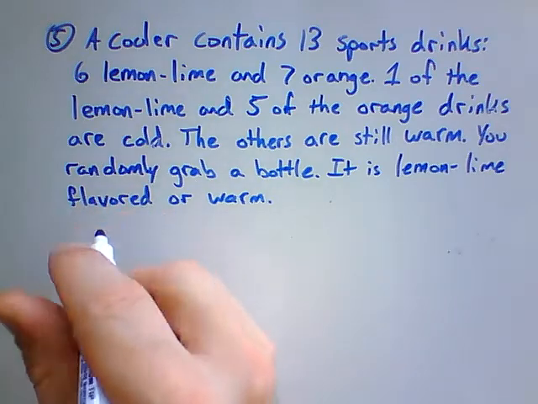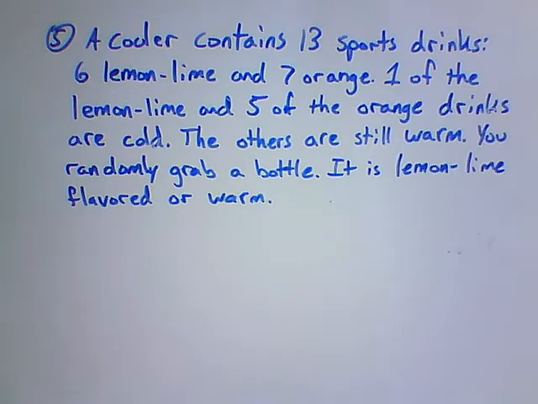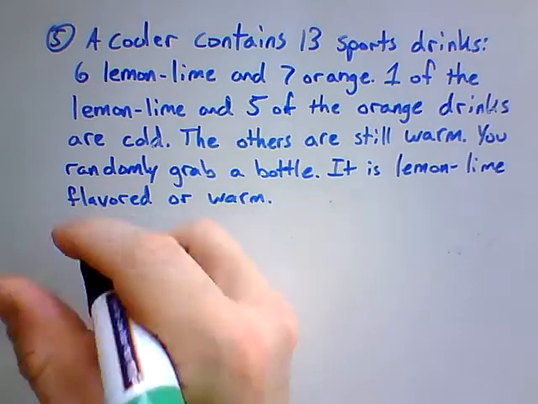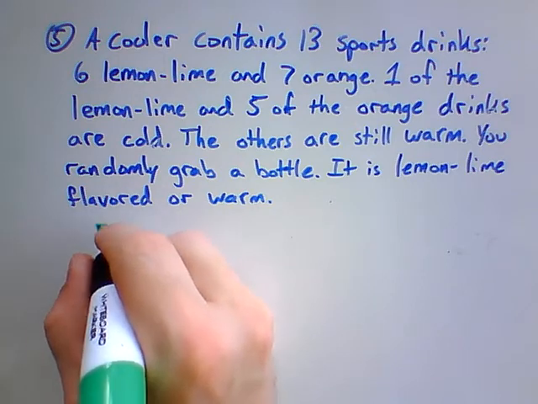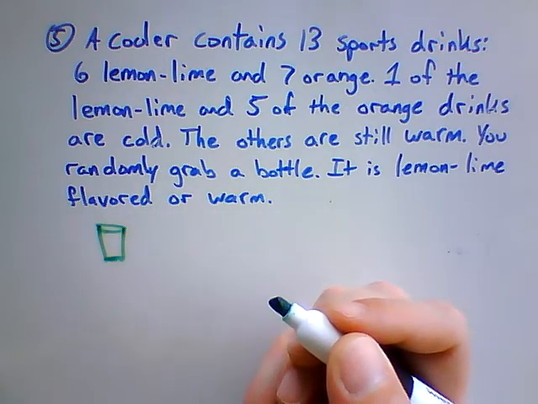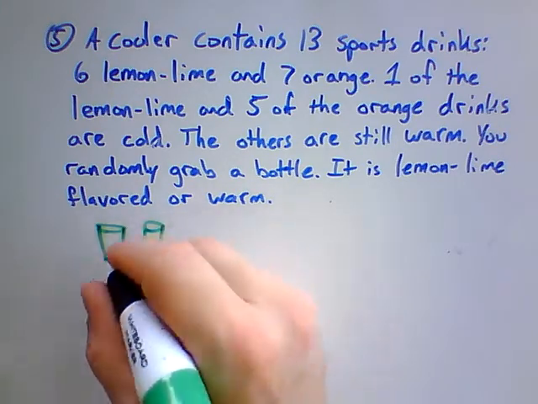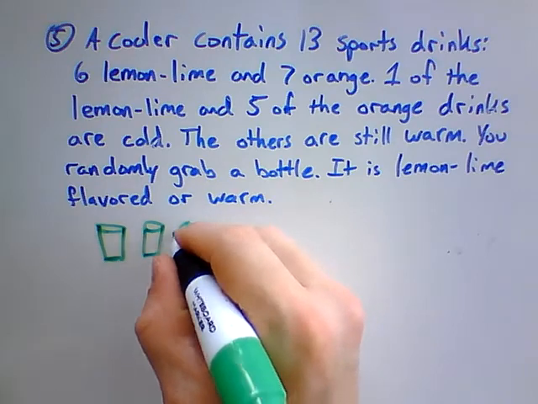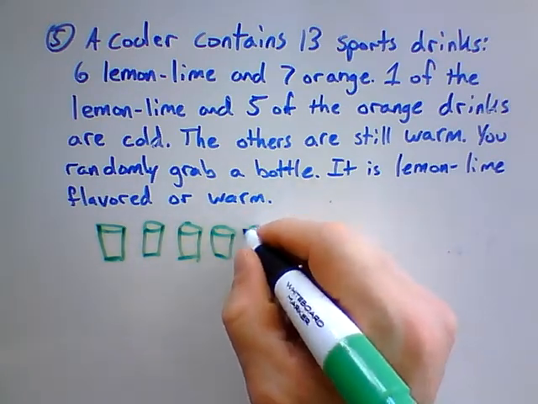All right. So we have 13 drinks, right? We have 6 lemon lime. I'm going to go back to this green stuff, right? I can't really draw good drinks. That's supposed to be a cup. We'll call it a cup. I decided I couldn't draw a bottle. 1, 2, 3, 4.